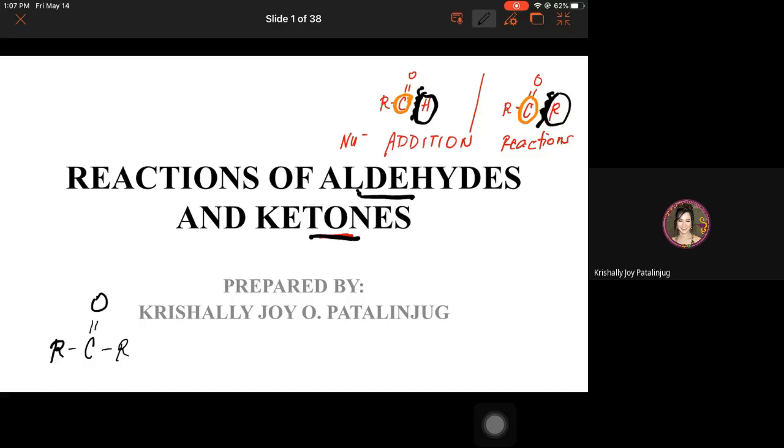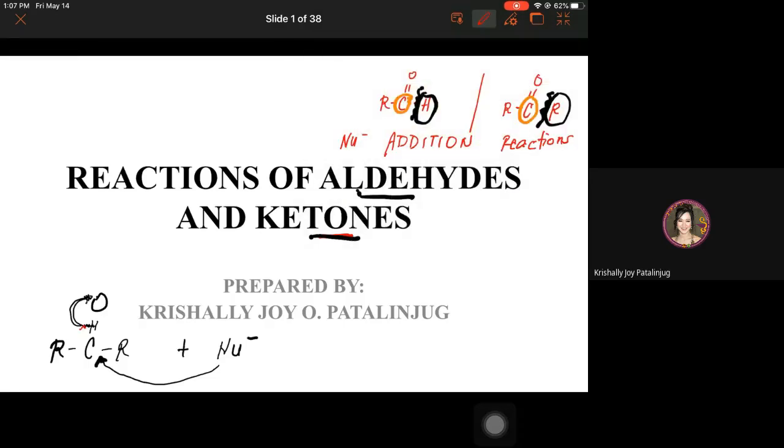During nucleophilic attack, this incoming nucleophile will push the electrons towards the oxygen atom, breaking the pi bond.